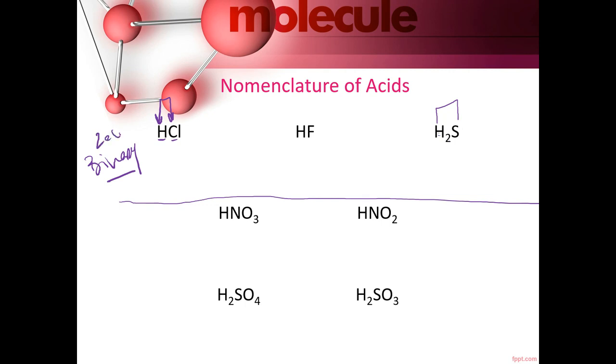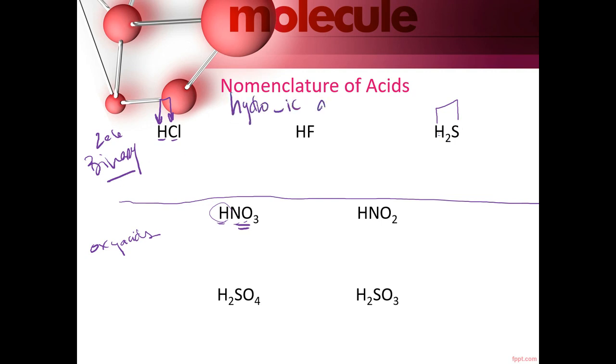That makes it binary, 2 elements, hydrogen and something else. Down here, I've got more than 2, hydrogen and 2 more things. That's 3, that's more than 2. No longer binary. We call these guys oxyacids because they always have oxygen, and they're made by throwing hydrogens onto polyatomic ions.